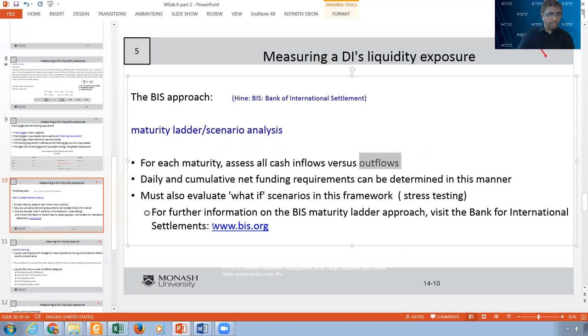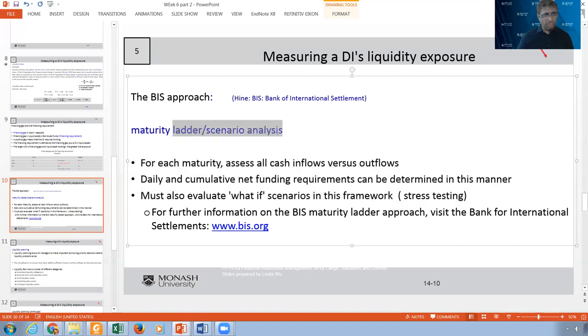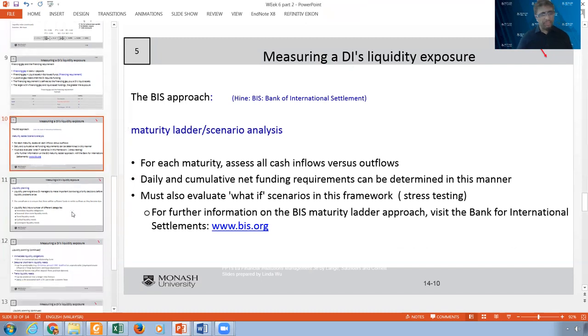There is more information here if you want to see about the stress testing. As far as this class is concerned, I just want you to know that there is a ladder, and this ladder is using different scenario analysis. They take the cash outflow, and then they take it under different sensitivity analysis.